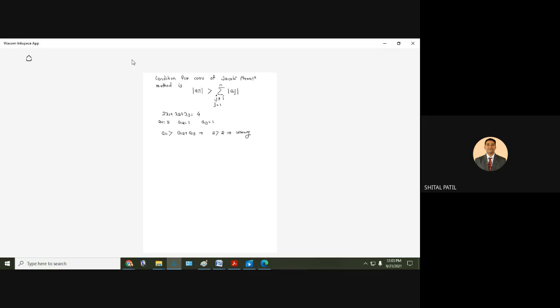No, 2 is equal to 2. So for this example, it is not possible to use the Jacobi iteration method. Now the question is, can we use the next method, Gauss-Seidel method? We'll study that. But it is clear that Jacobi's method cannot be used.